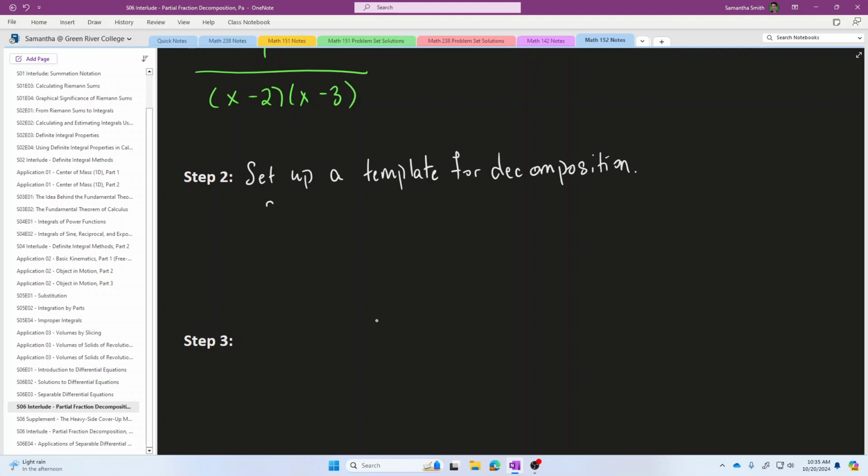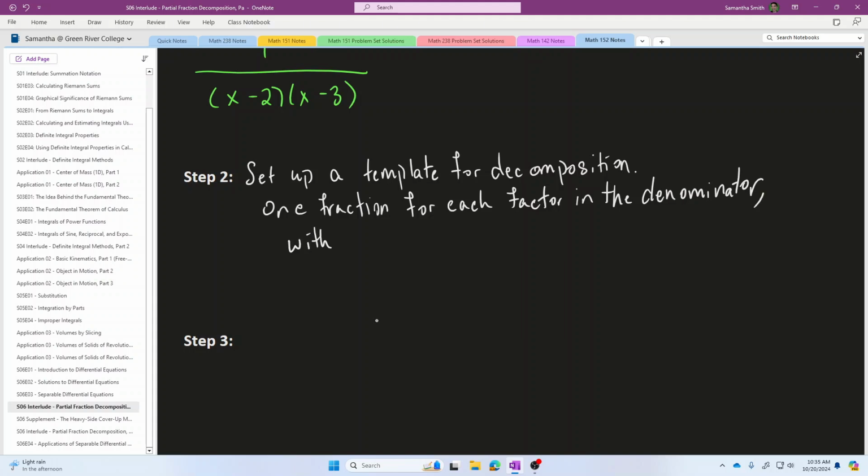You're going to set up one fraction for each factor in the denominator from step number 1. And in each of those fractions, you're going to have an unknown constant in the numerator.